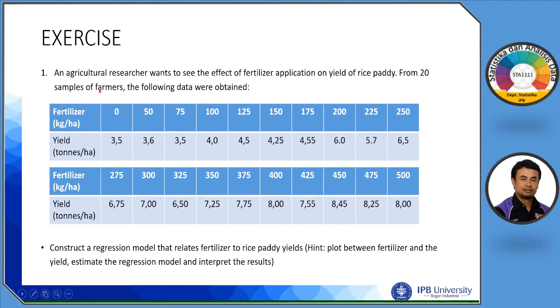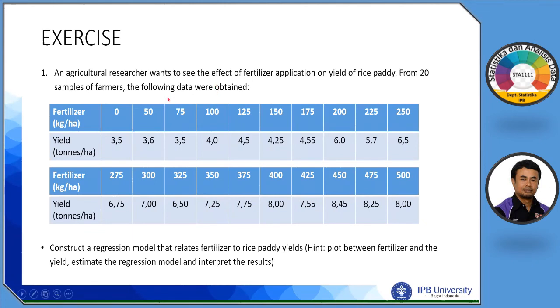An agricultural researcher wants to see the effect of fertilizer application on the yield of rice paddy, right? Okay, from 20 samples of farmers, they interviewed, for example, 20 farmers. The following data were obtained.